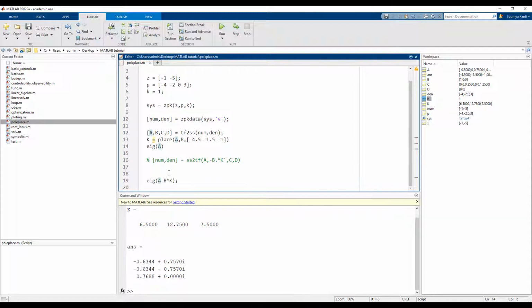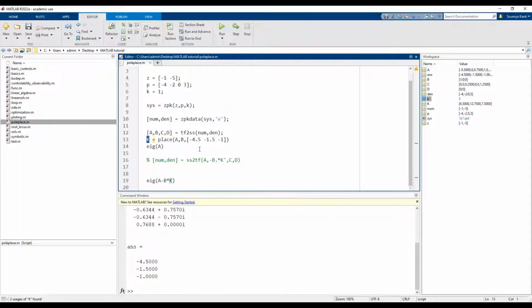Now after pole placement, if I find the eigenvalues of A minus BK, you can see these are exactly the positions I needed, and K holds the gains of that K matrix.